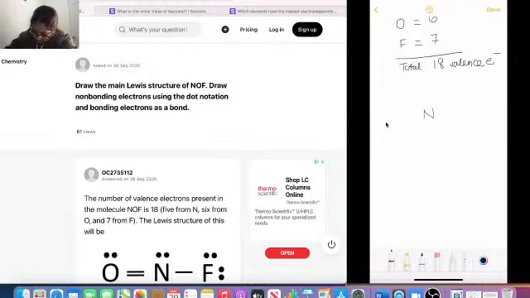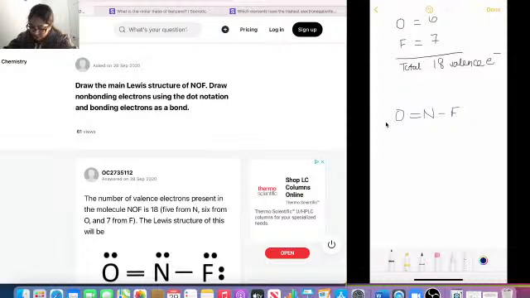Okay, so keep in mind which elements can form double bonds, triple bonds, and single bonds. In this case, nitrogen would form a double bond with oxygen and a single bond with fluorine.